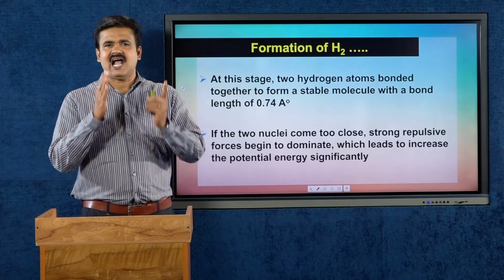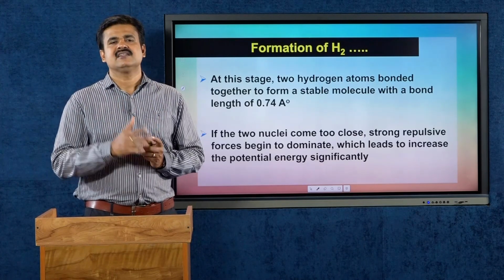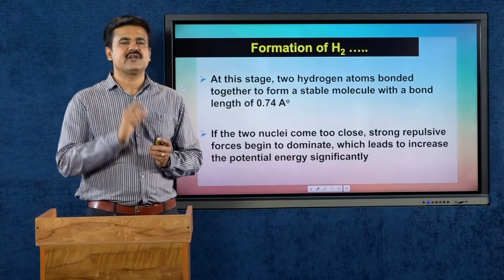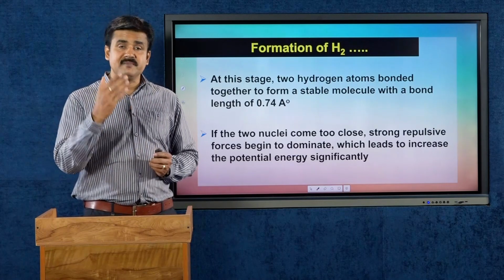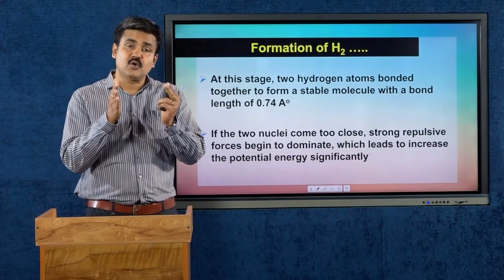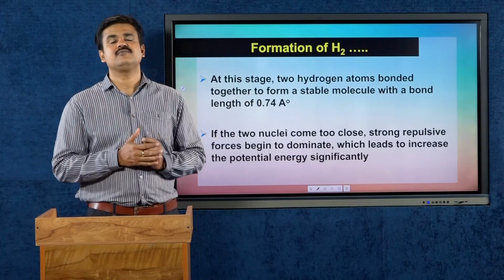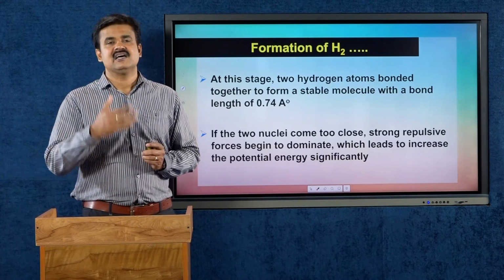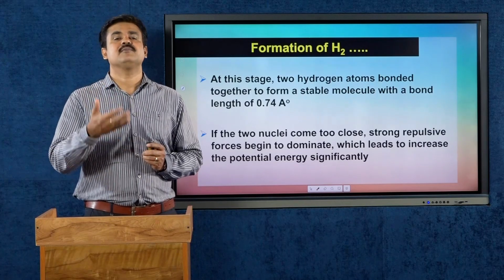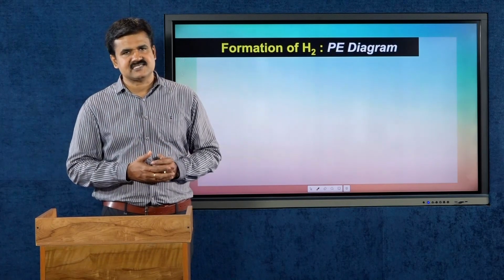That is, at minimum potential energy, there occurs bond formation with a bond length of 0.74 angstrom between two hydrogen atoms. Now imagine if the two hydrogen atoms are closer than this distance of 0.74, then repulsion starts dominating and the potential energy of the system increases.